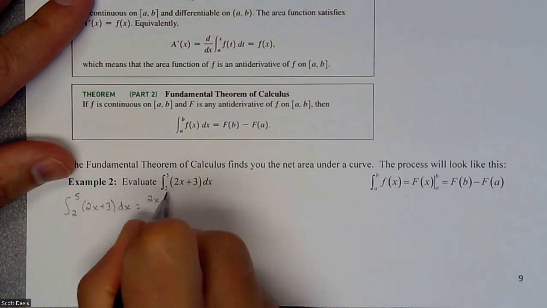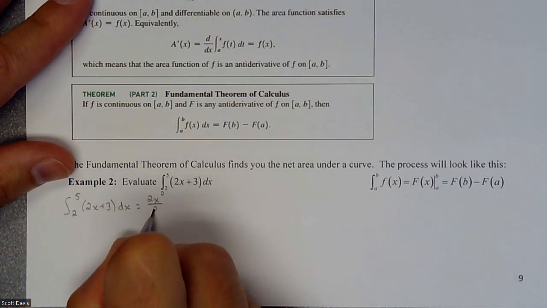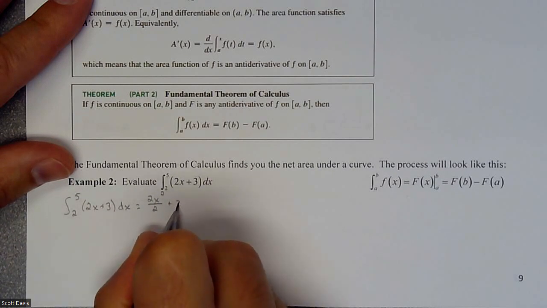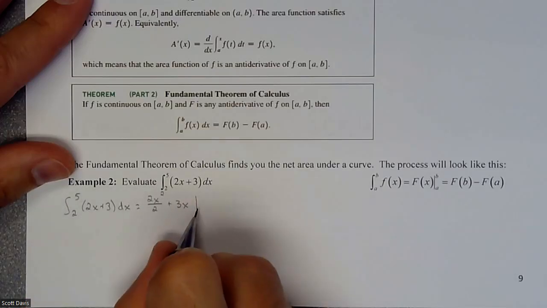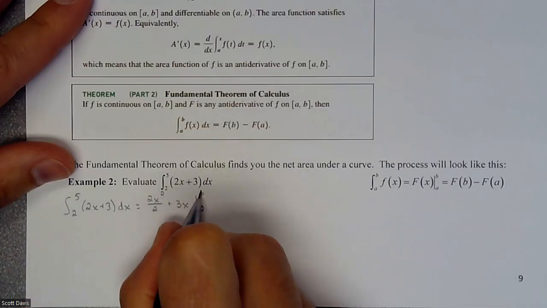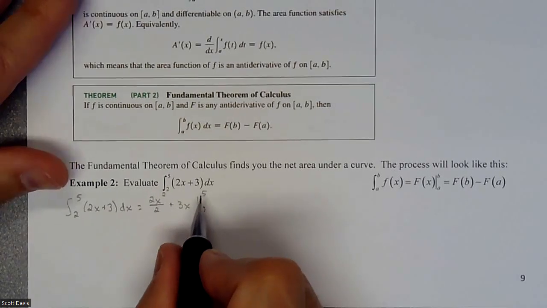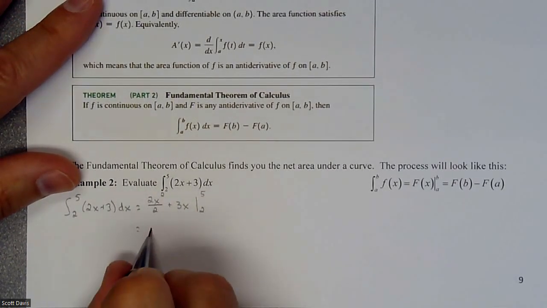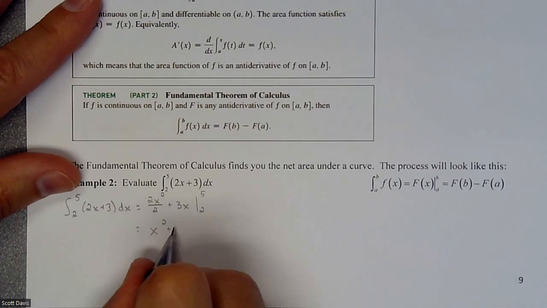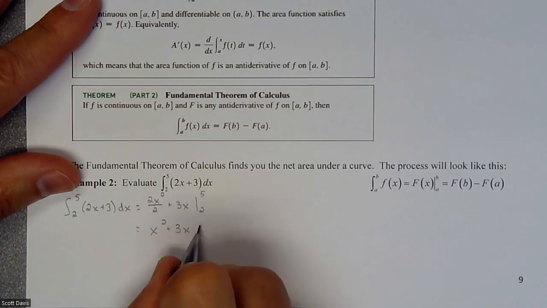So we take 2x, add a power, divide by that power, plus 3x, and we go from 2 to 5. I still have my bounds, and I still have some values that I need to plug in. We just haven't got there. This simplifies to x squared plus 3x, from 2 to 5.